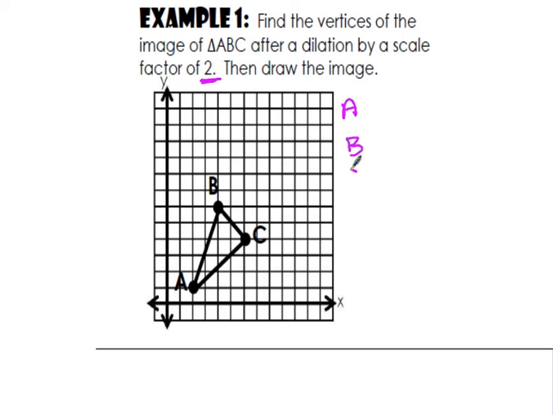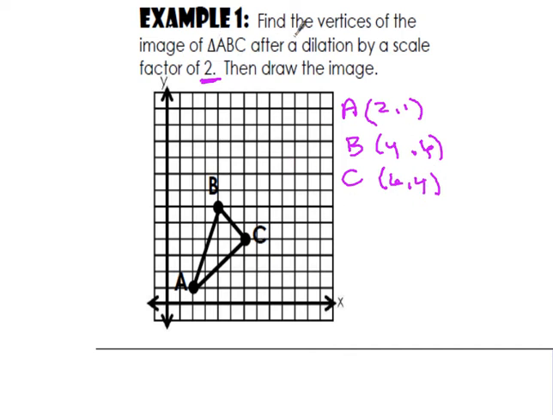So my original points: A is at 2, 1, my X is 2, my Y is 1. B is at 4 for X, and then my Y is at 6. And then C, this is at 6 for X, and this is 4 for Y. So C is at 6, 4. So there's my original points of my image.